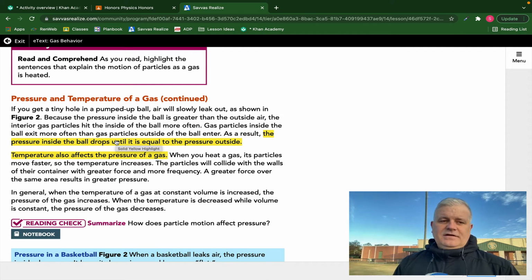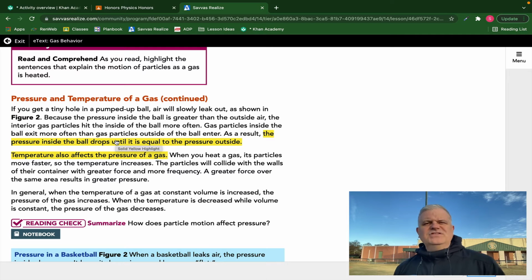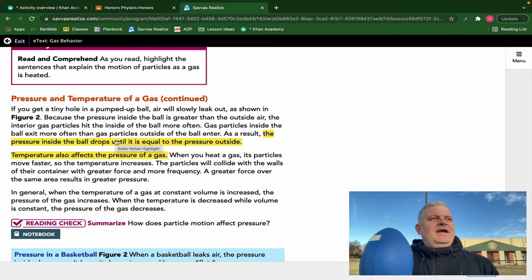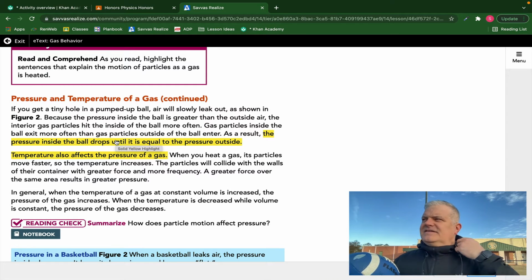Temperature can also affect the pressure of a gas. So it's cold out here. It's not cold, it's chilly. It's 50 degrees, 48 degrees, whatever it is, as I'm watching cars arrive here in the morning. And there's condensation and it's a little chilly.